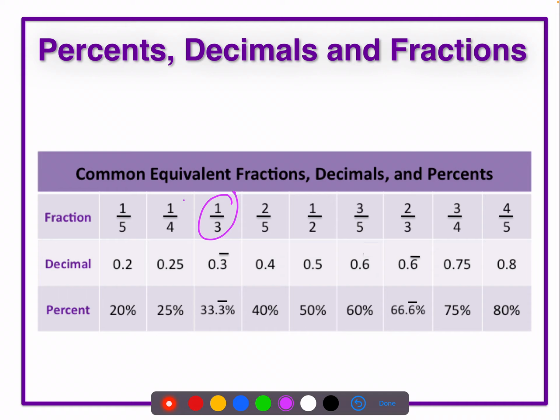The digit that repeats is the decimal part of the percent. Same as 2/3. The equivalent in decimal is 0.6 repeating, and if you write it as a percent, you write it as 66.6%, and the 6 that keeps repeating is the decimal part.